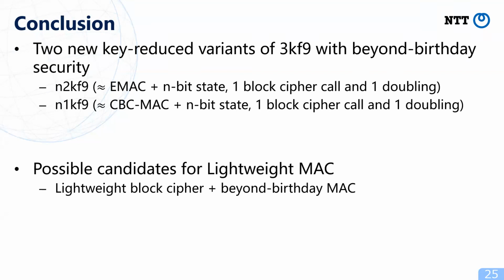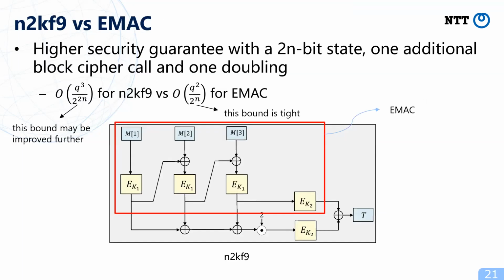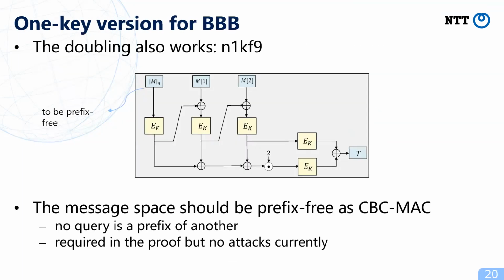In the meantime, I have a question. Can you go back to the 1-key version, 1KF and 1KF9? Yes. So the last 2, the upper one, is that really necessary?